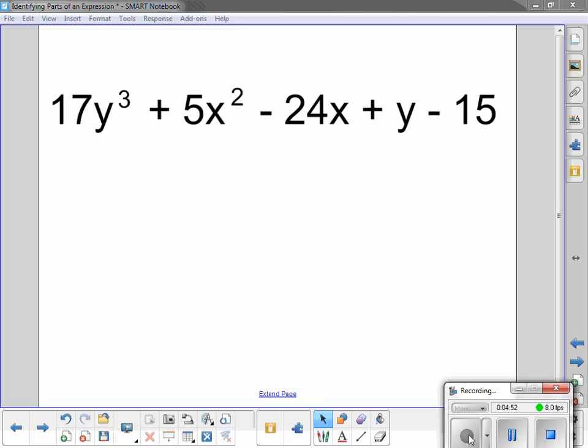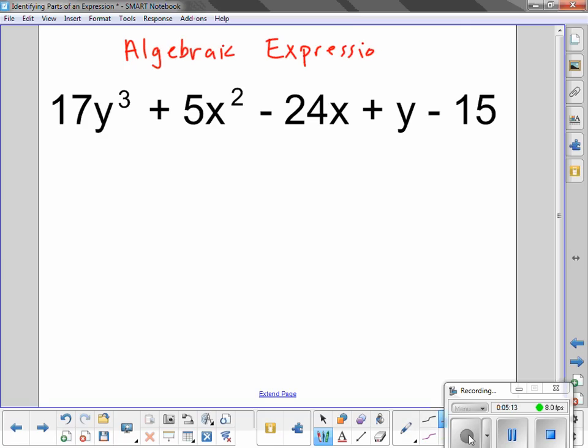Let's quickly look at one more example. 17y raised to the third power plus 5x squared minus 24x plus y minus 15. Altogether, this is called an algebraic expression. The first term, 17y cubed, or raised to the third power, is a variable term.